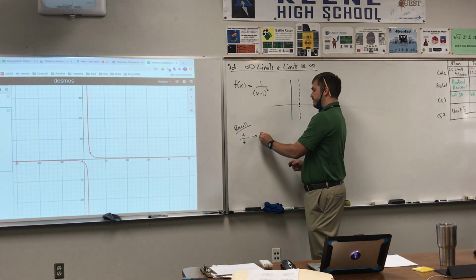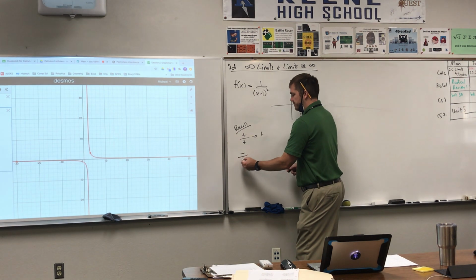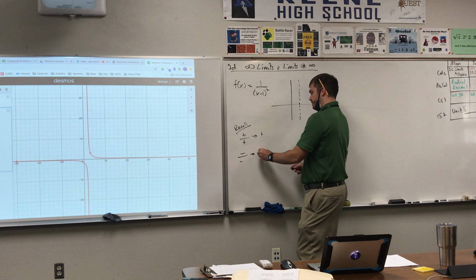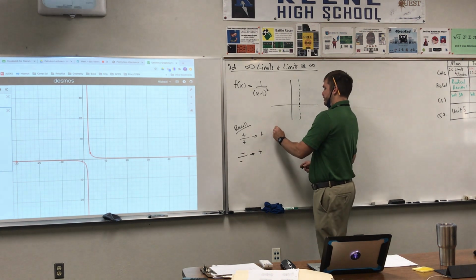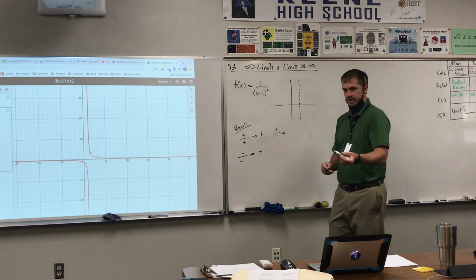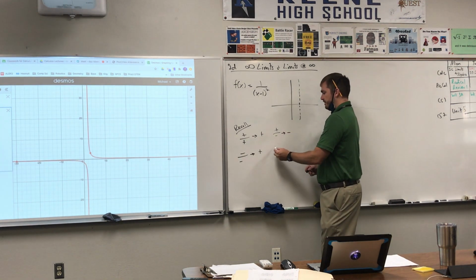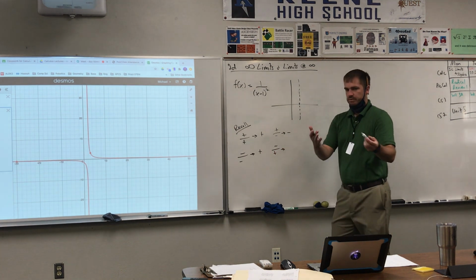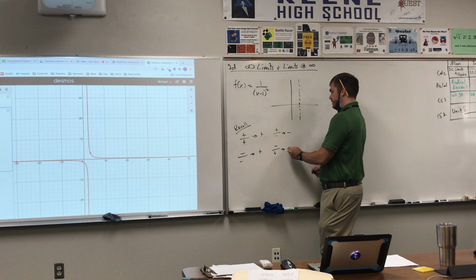It's going to give you a positive number. What about a negative divided by a negative? Also a positive number. By way of contrast, a positive divided by a negative number will give you a negative number, and a negative divided by a positive number is going to give you a negative number.